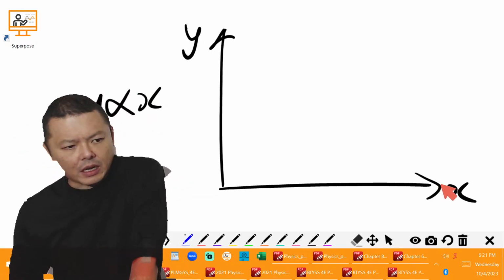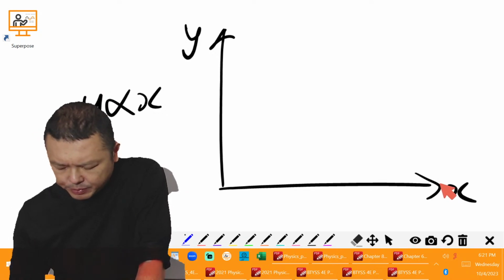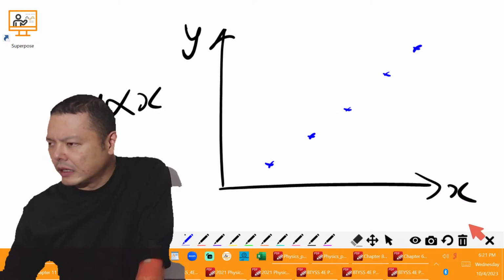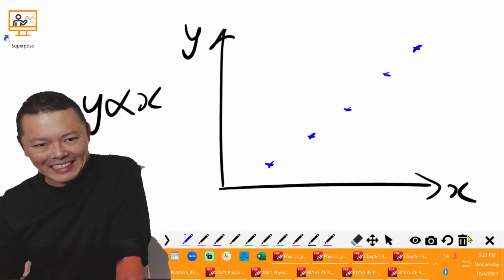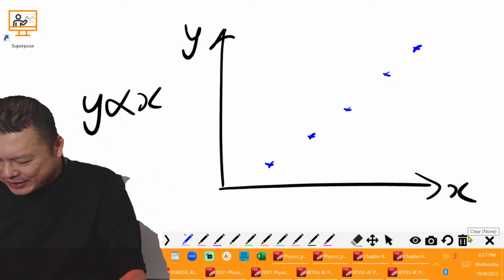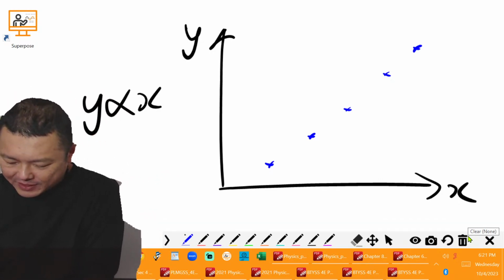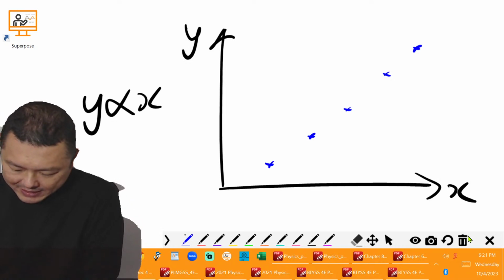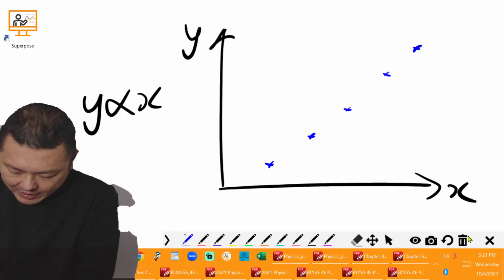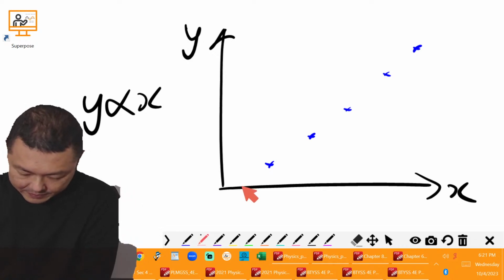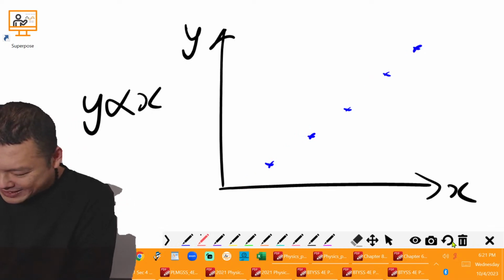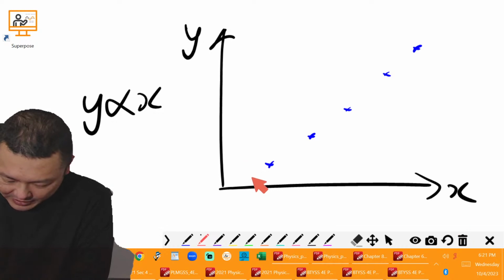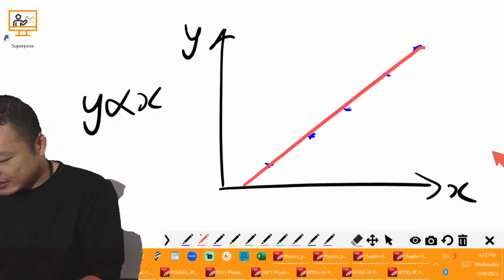But your data points are all over the place. What do you do? Do you try to force your line of best fit through the origin because the relationship is that, or should you just draw it according to your data?